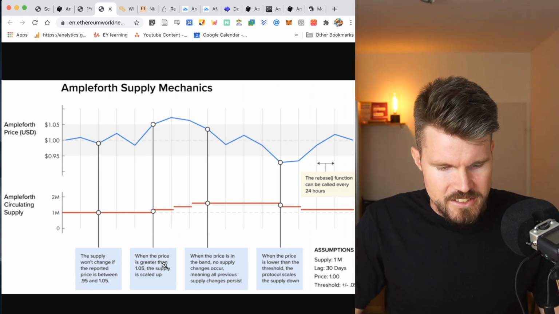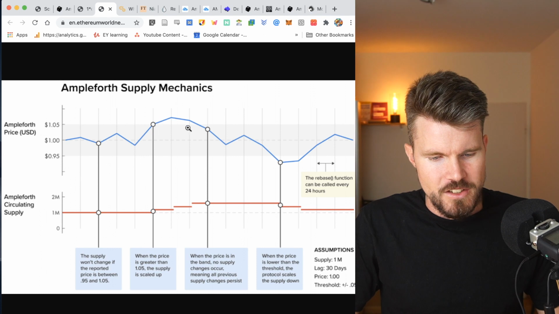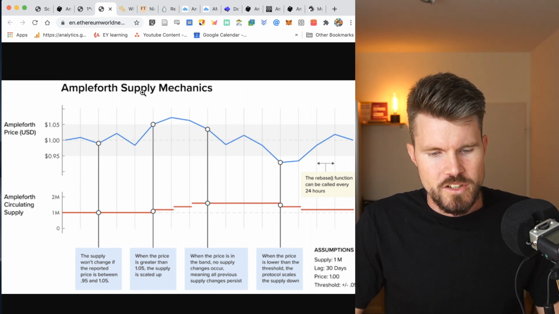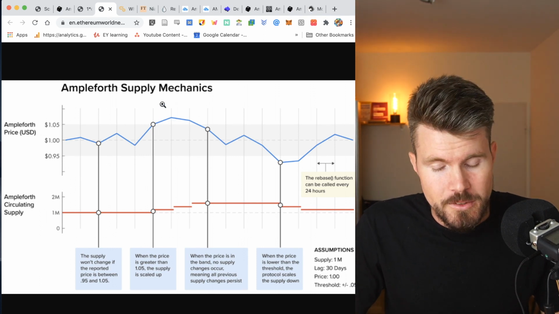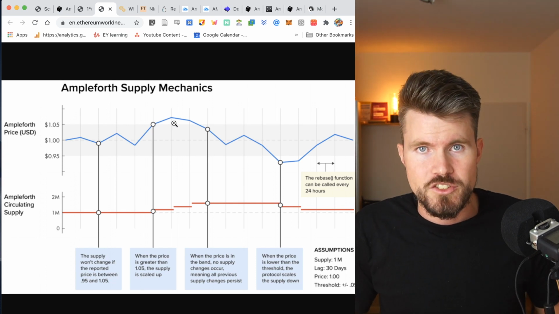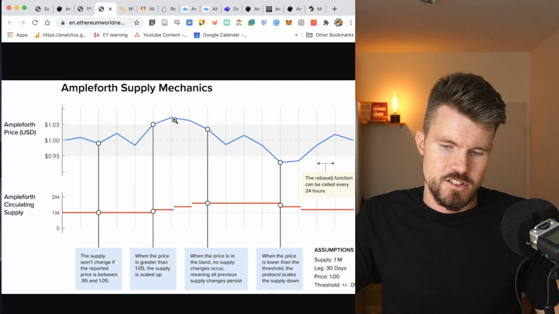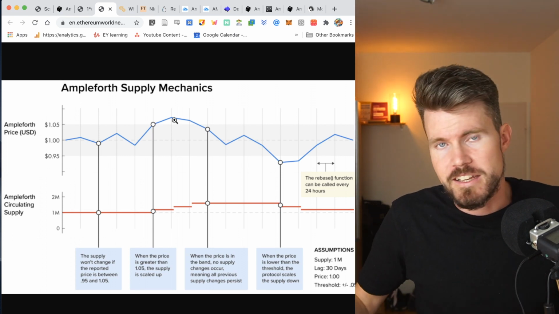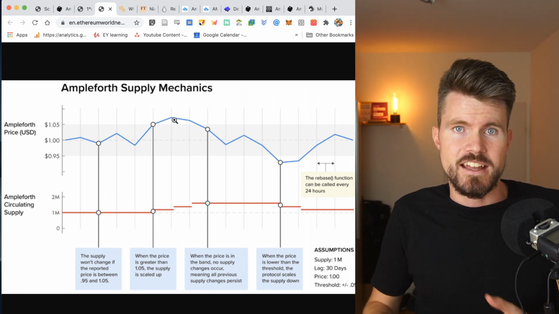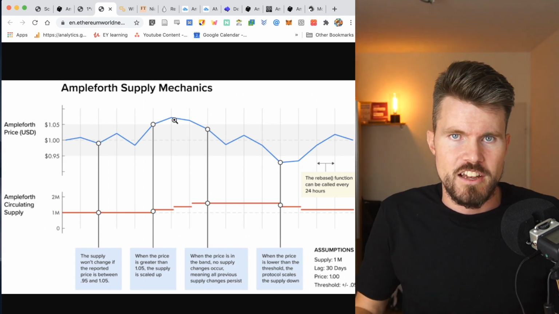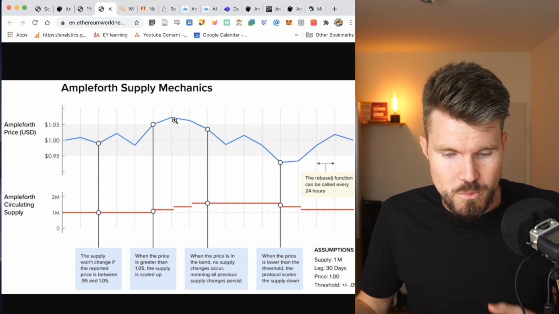Now, when the price is greater than $1.05, then the amount of coins in the circulating supply will increase. That means if you've got some coins in your wallet and the price goes above $1.05, and the amount of coins in the circulating supply increases by maybe 5%, then the next day you have 5% more coins in your wallet.